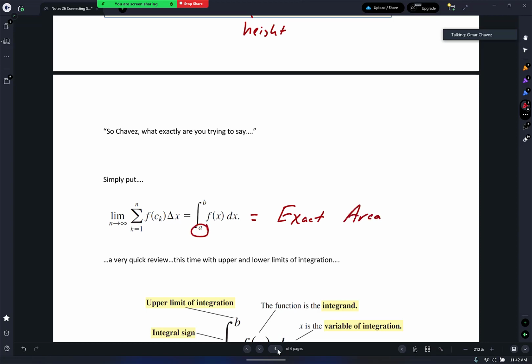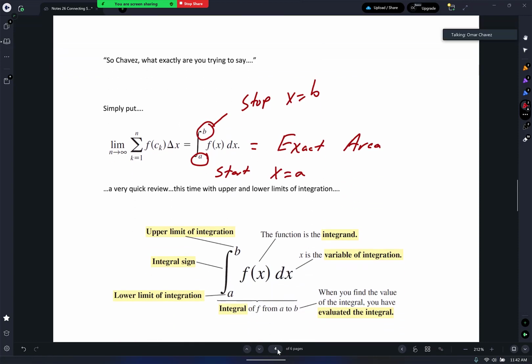The a is the start, x equals a, and then the b is the stop, x equals b, of what you're trying to find the area of. The f of x is your height, and the dx is your width.